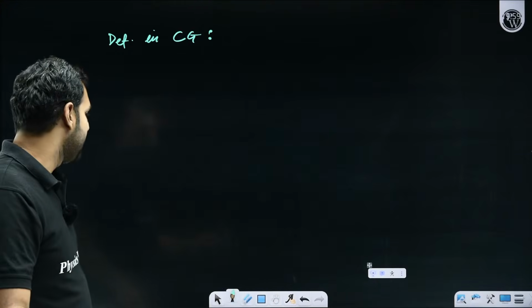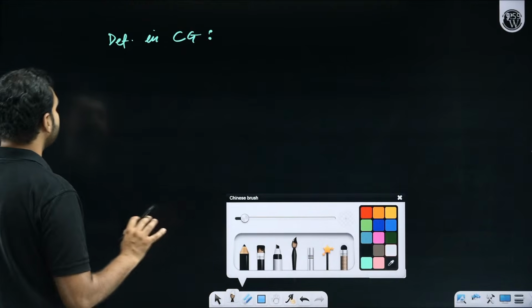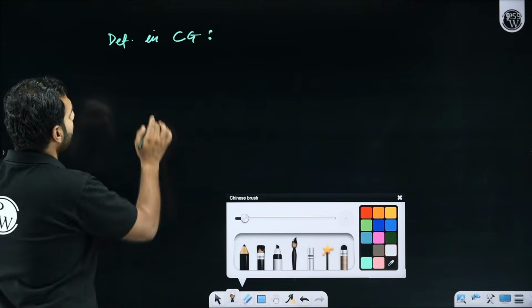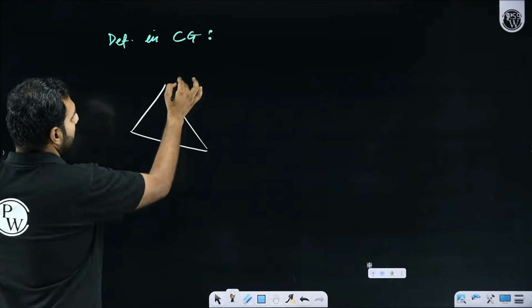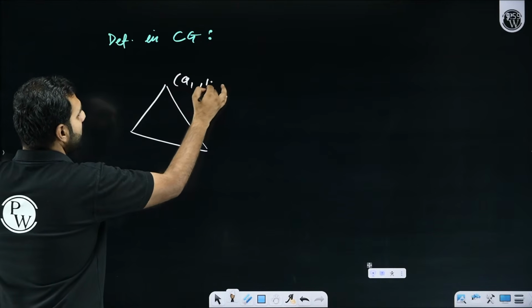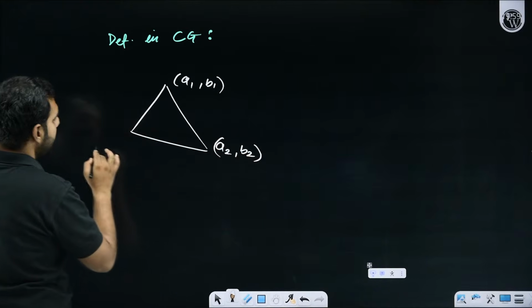Now, with that, I'll tell you one simple conclusion which you should carry with yourself. Let's say I have a triangle in 2D plane, and this triangle has vertices as A1, B1, A2, B2, and A3, B3.